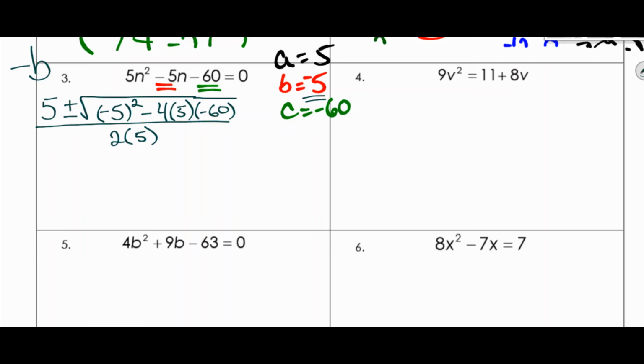So I'm going to do stuff on top and stuff on the bottom at the same time. Everything inside my square root symbol, which is 25 minus, well, actually, sorry, that is going to turn into a plus sign. I have -4 times 5 times 60, which gives me 1,200.